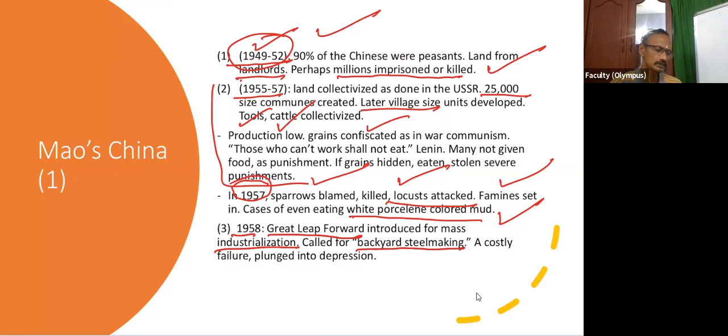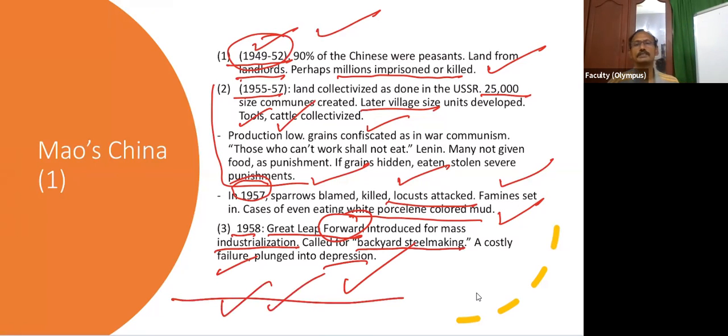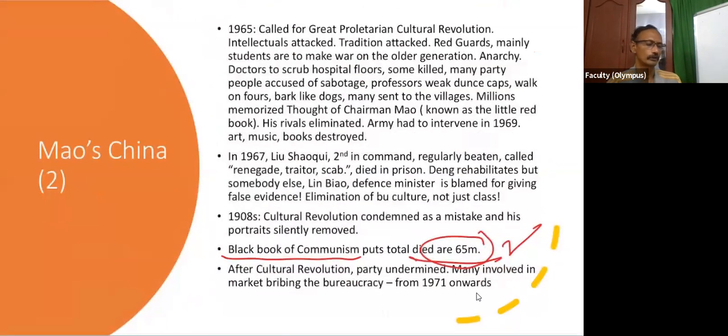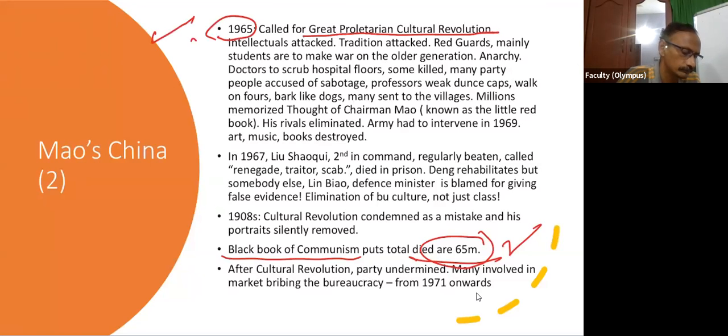It turned out to be a costly failure, and instead of a great leap forward, the economy fell into depression. When so many failures took place, instead of Mao accepting his role in the failure, he called for the Great Proletarian Cultural Revolution in 1965.